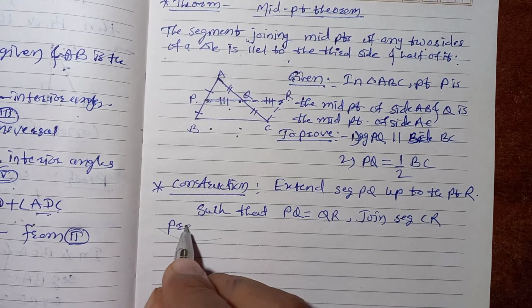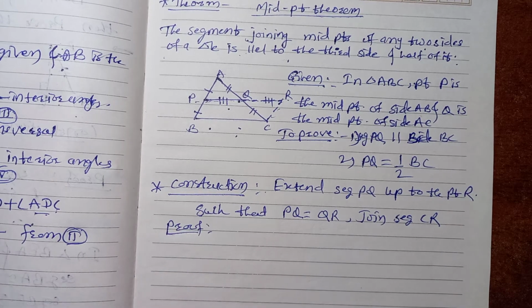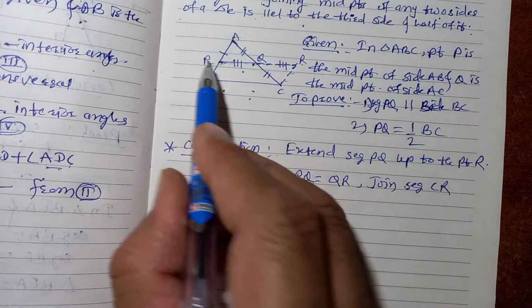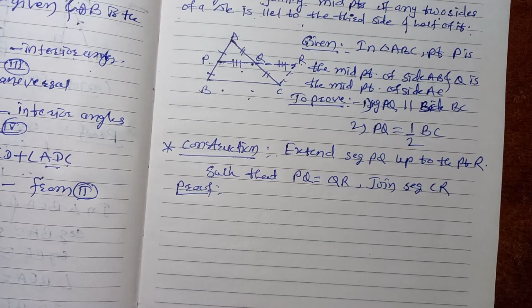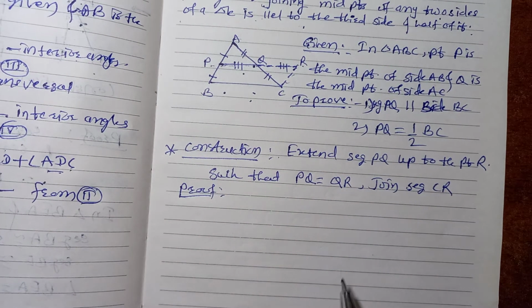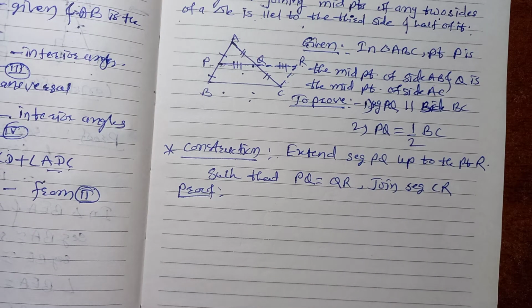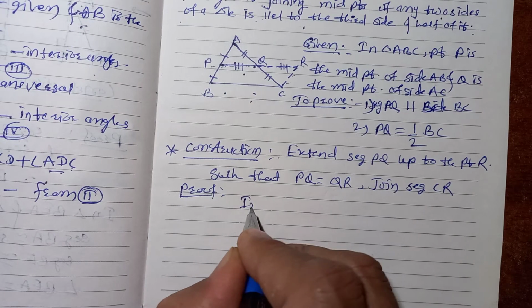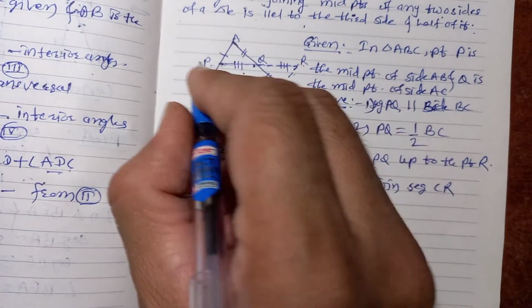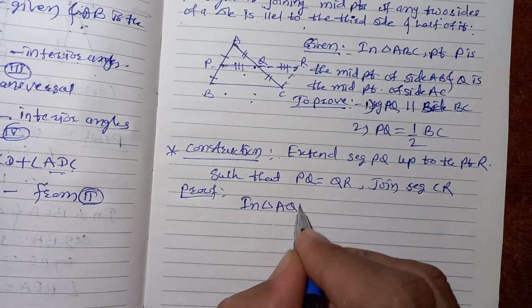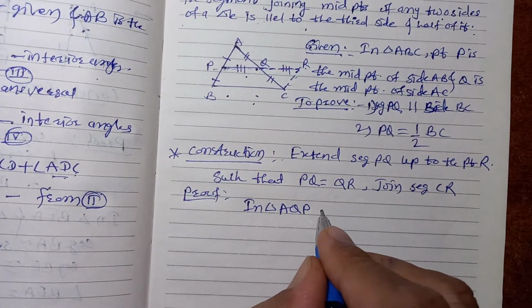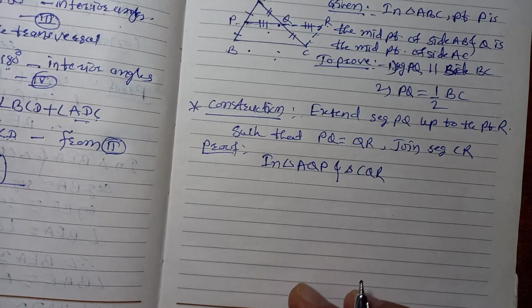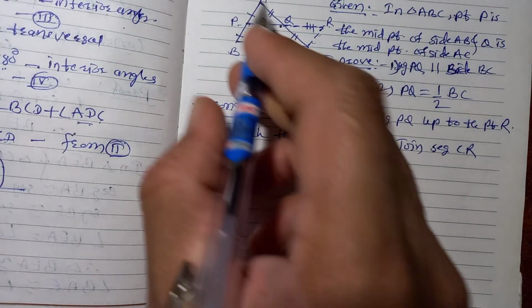Then you have to write proof of this theorem. So how to write the proof of this theorem? In the proof, this part you have to show PQ is parallel to BC and also PQ is half of the BC. So first one, we'll see that these two triangle, in triangle AQP and CQR. Show that congruent part in this two triangle.